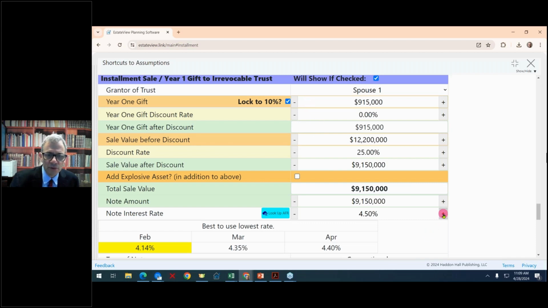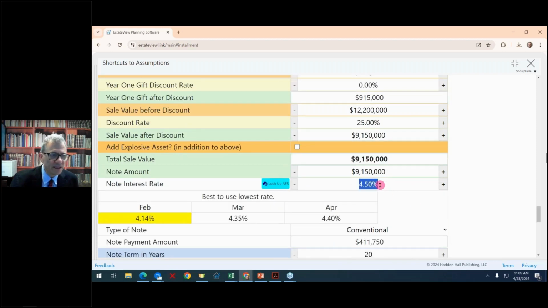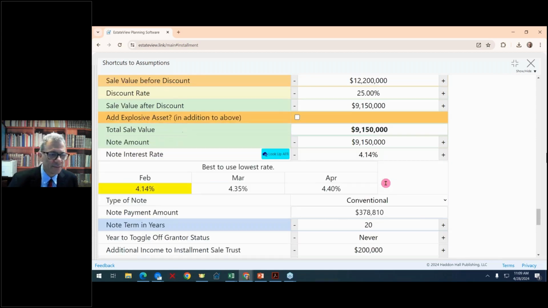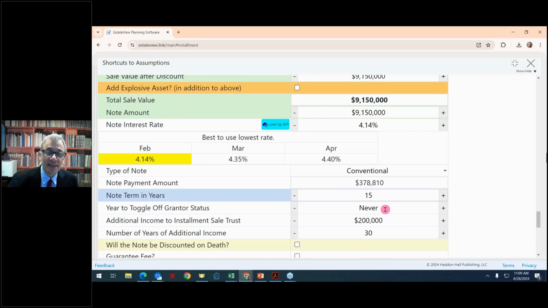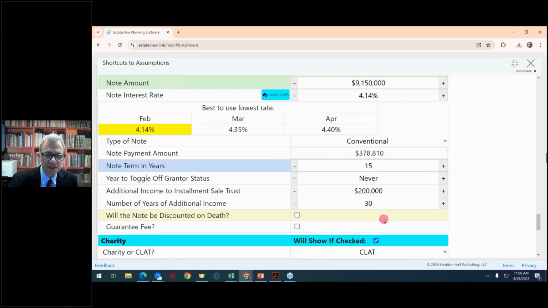He's going to receive interest at 4.5% a year, or actually we can see the applicable federal rate, the lowest of the three can be 4.14% interest. We can make it a 15-year note. We know the annual payments will be $378,000 a year, and he will pay the income tax on the trust income.